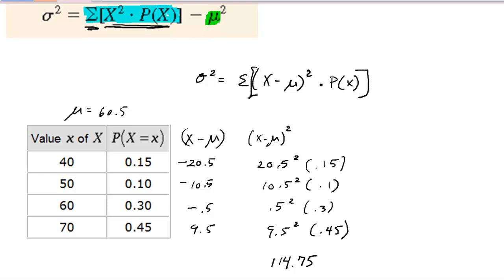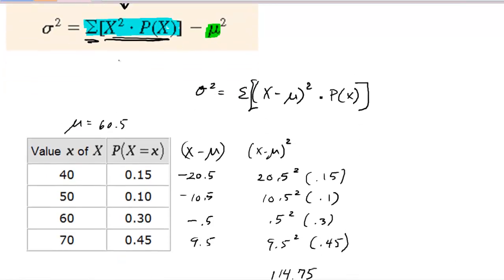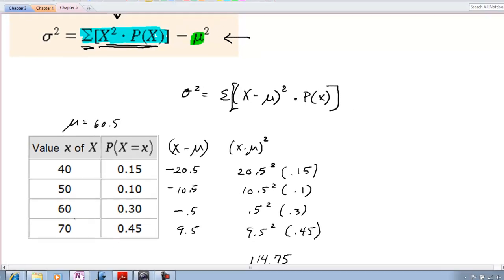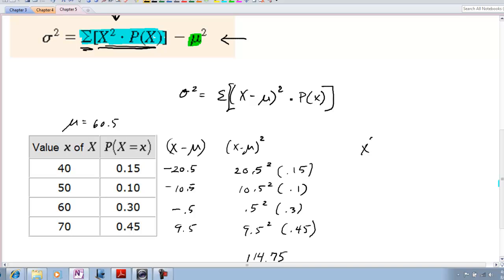Now let's do it the other way. The other way, oh, we can see it. It's right here. It says sum the x squareds times the p of x's. So do I have an x column? I do. Let's have an x squared column then. So it's going to be 40 squared, 50 squared, 60 squared, 70 squared, and I'm going to be multiplying all those by p of x.